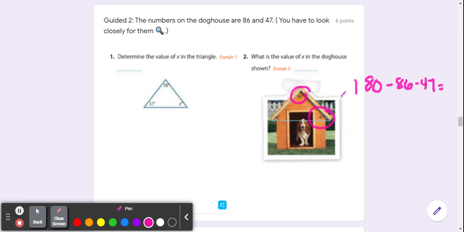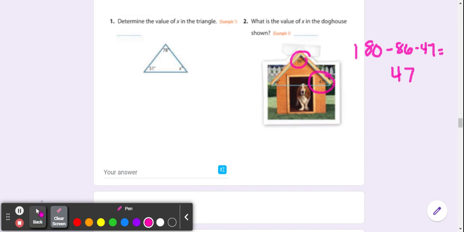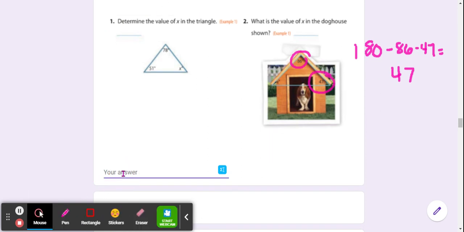So if I take 180 and I subtract those, I get 47 again.